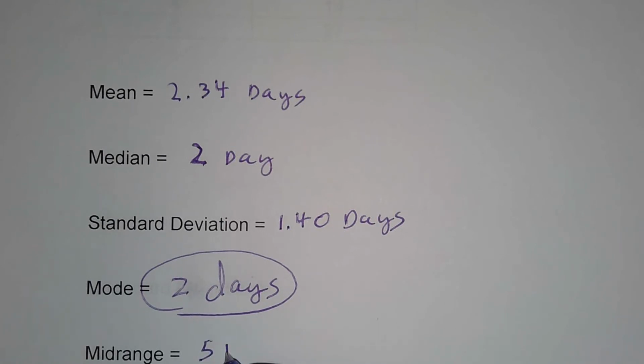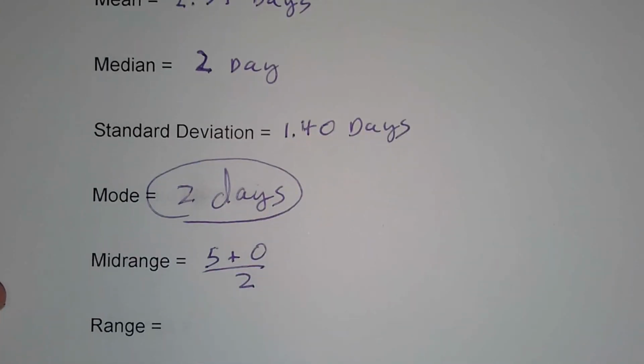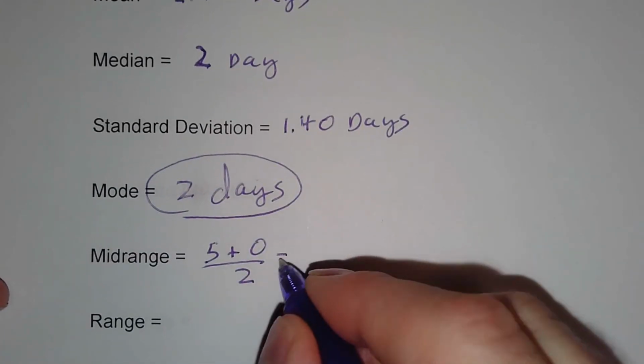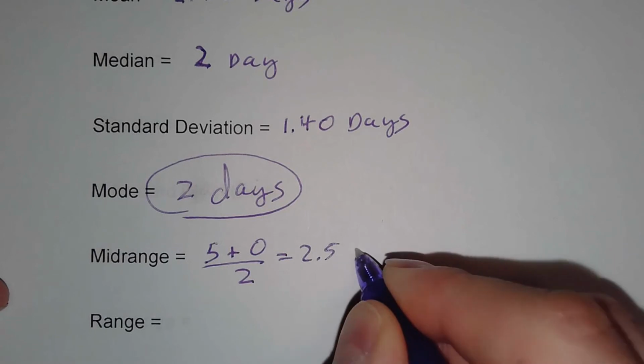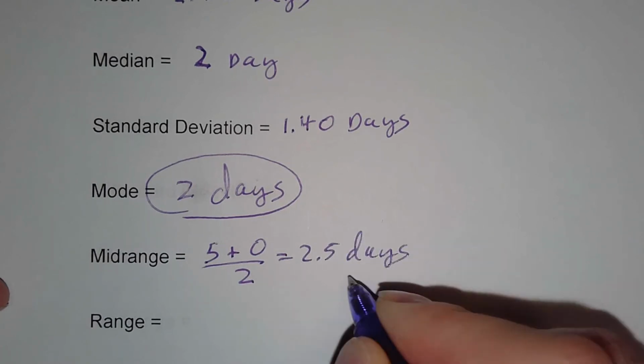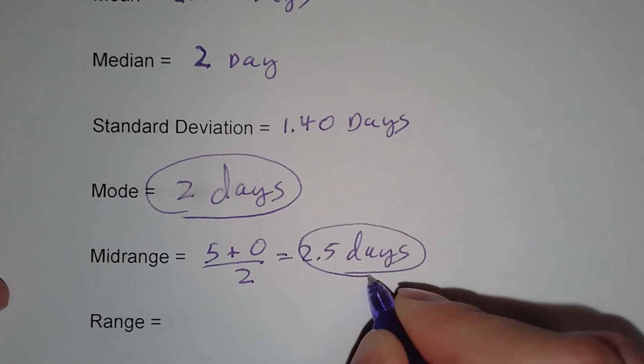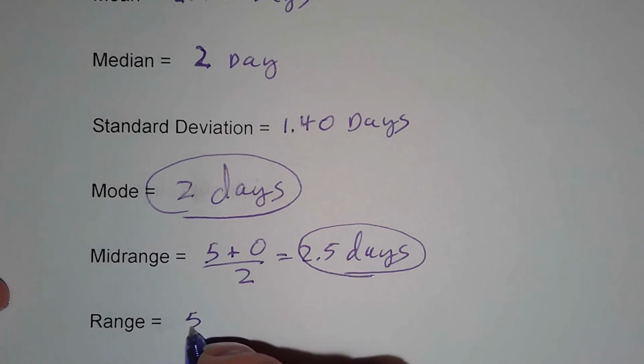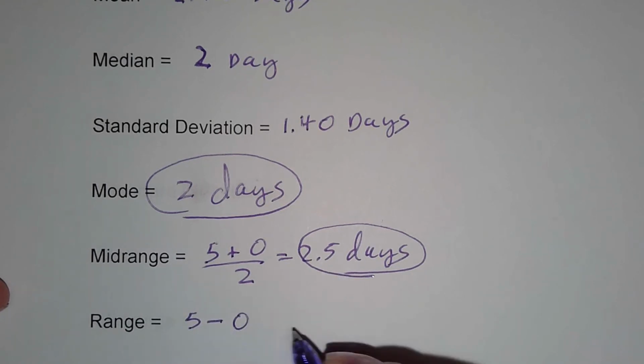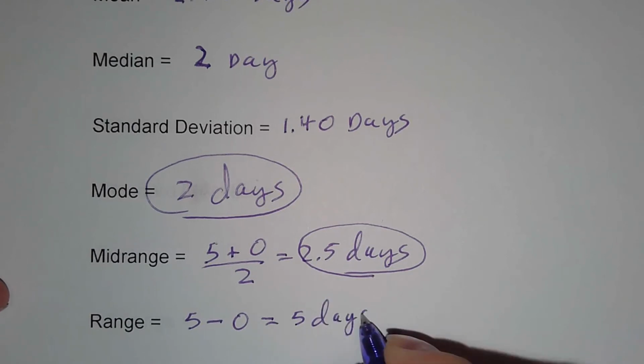The smallest value is 0, and we're dividing by 2. And so that will give us 2.5 days. And for the range, we're going to do 5, the largest data value minus the smallest. So that'd be 5 days.